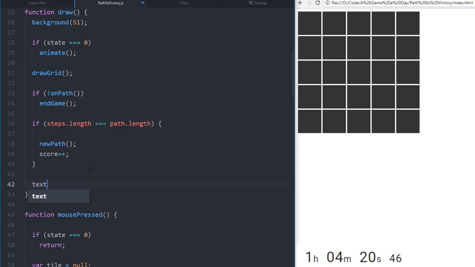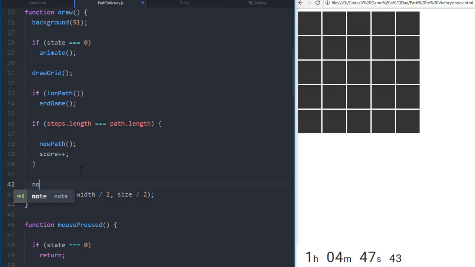So text score, width over 2, and then 50 or something like that, or size. Let's just do size. Size over 2.